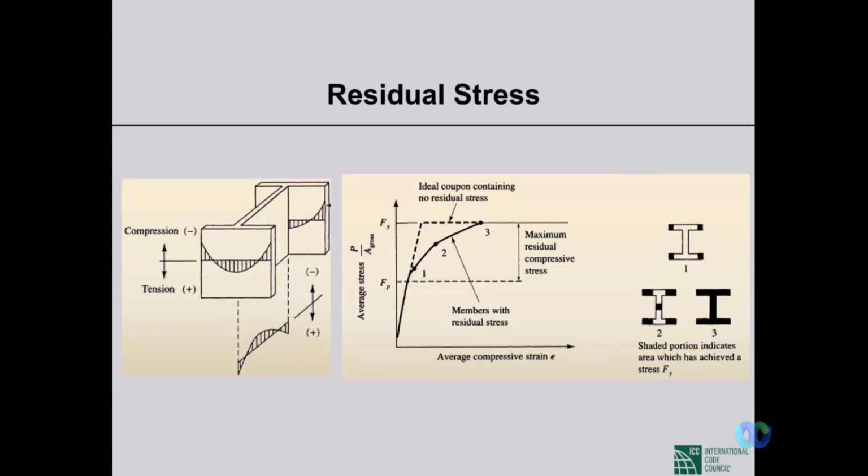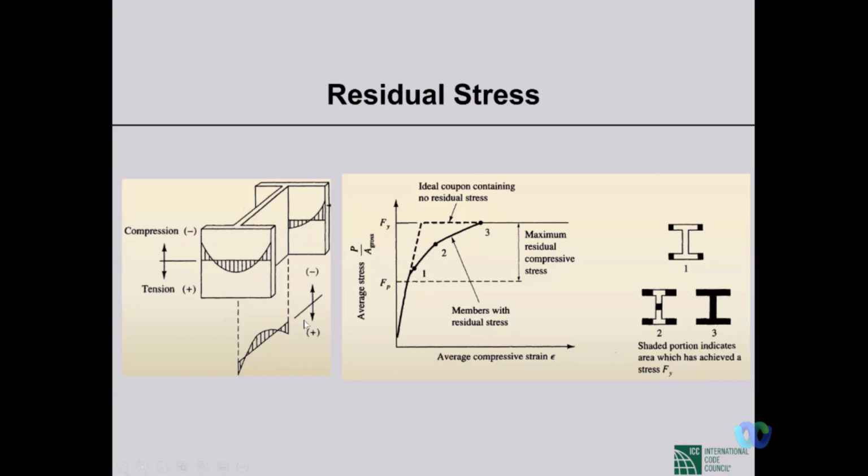Now, in the picture at the right side, there are some places with compressive residual stresses and some places with tensile residual stresses. Why is it like this? At the flanges, at the outer edges, there will be compressive stresses, and at the junction of the flange with the web, there will be tensile stresses. In the web, in the middle, there will be compressive stresses, and at the joint with the flange, there will be tensile stresses.